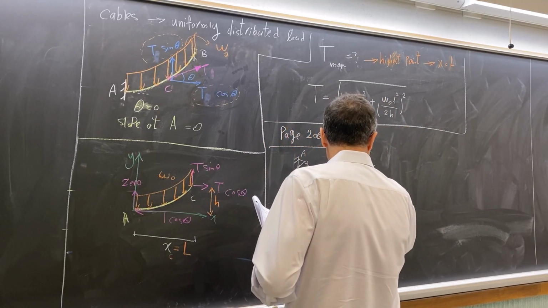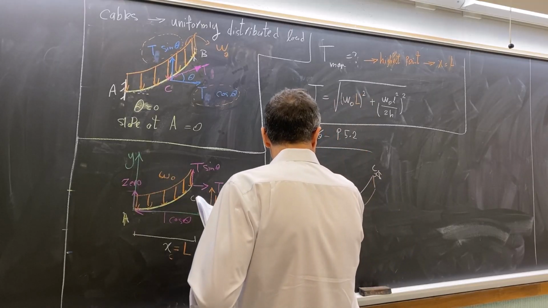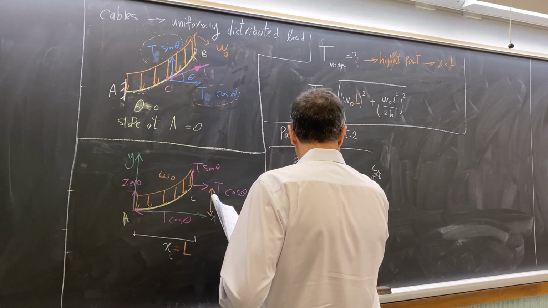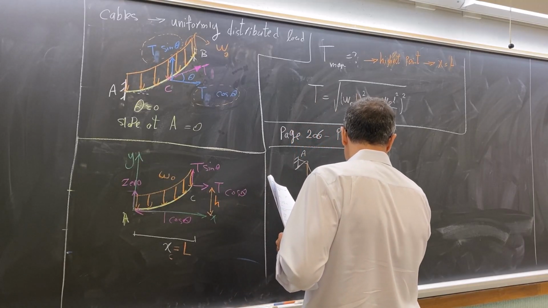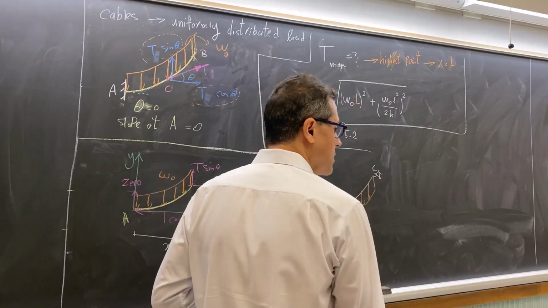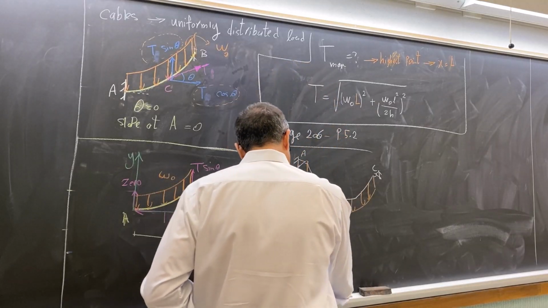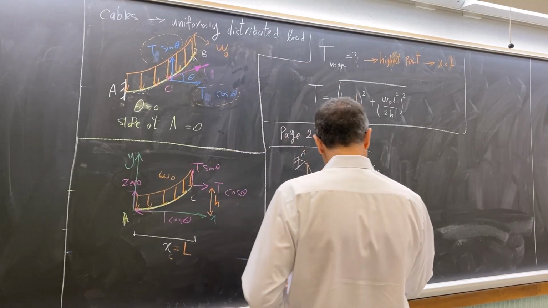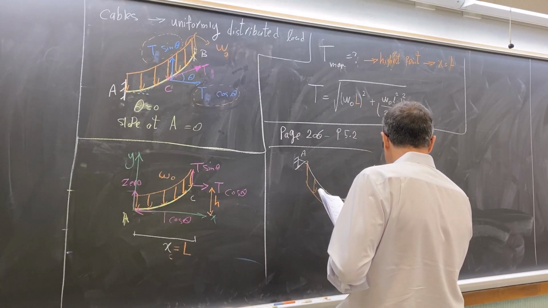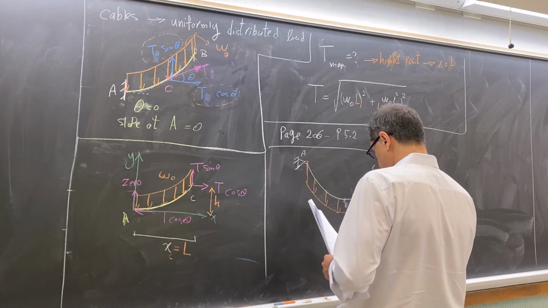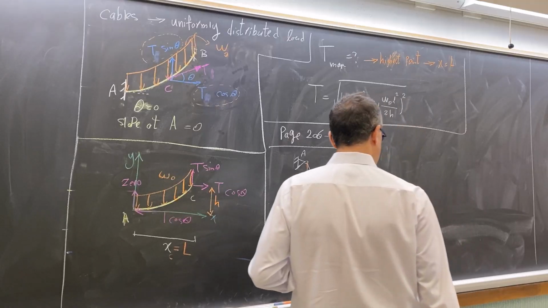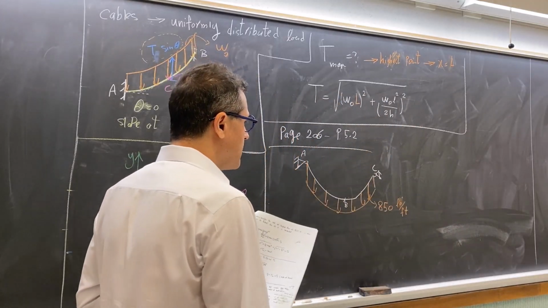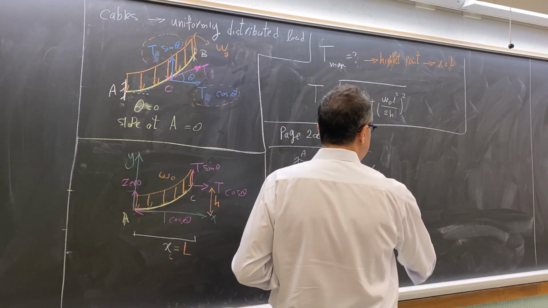There is an external uniformly distributed load applied on this cable. It is not the weight of the cable, it is the distributed load coming from a beam attached to this cable. 850 pounds per foot, and according to my discussion with Daniel, when we say per foot, it means projected length of the cable.